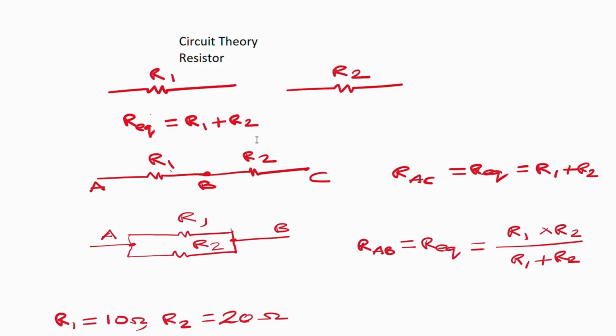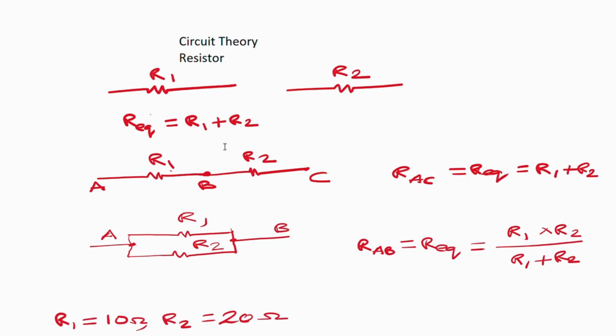When the two resistors R1 and R2 are connected in series, the equivalent resistance, R equivalent, will be R1 plus R2.